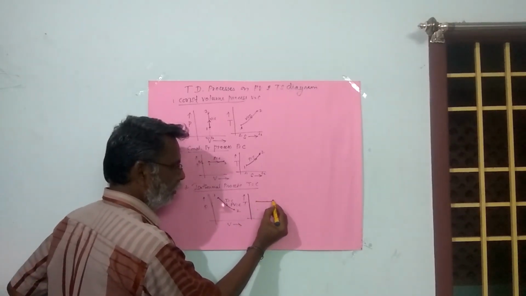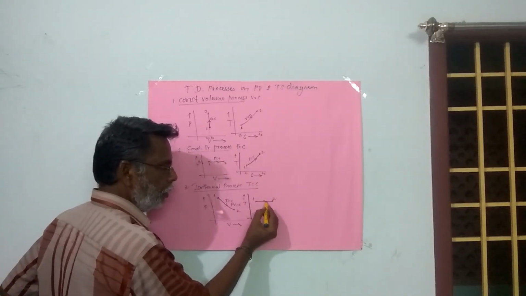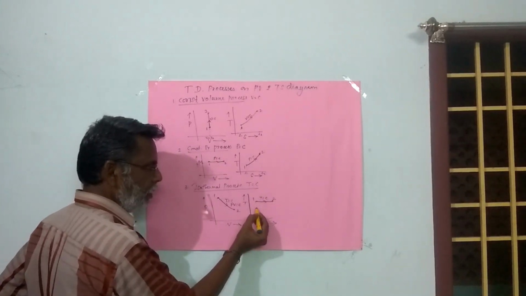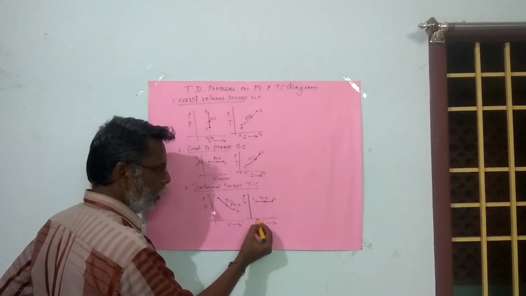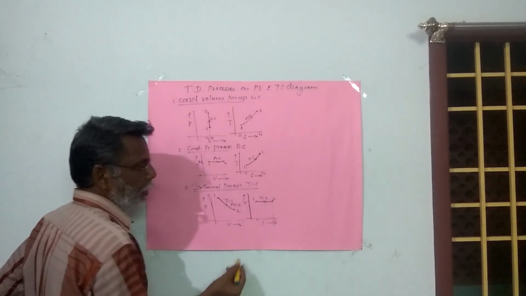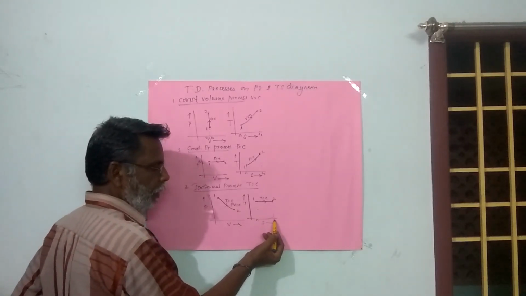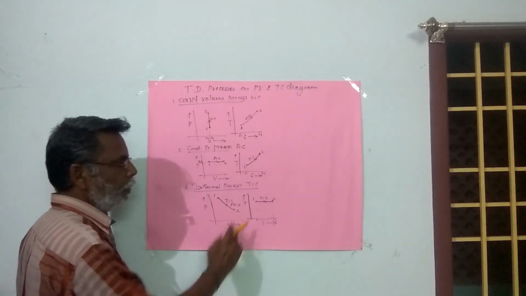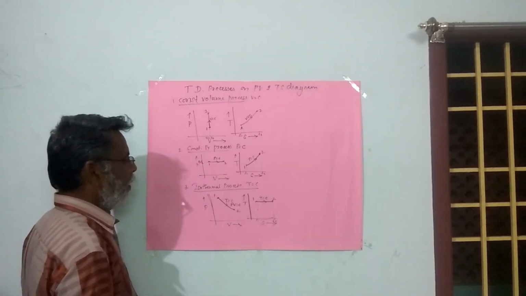This is initial state 1, this is final state 2. So T is equal to constant. But there is also a change in entropy. This is S1, this is S2. The increase in entropy can be calculated using the formula S2 minus S1. When a gas is heated, the entropy is increased.